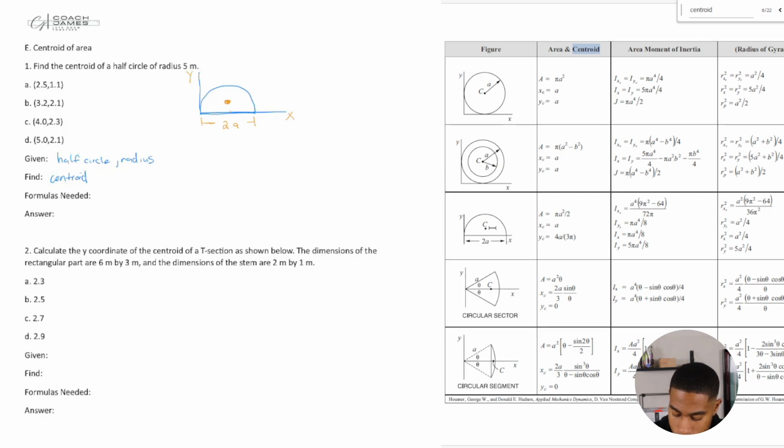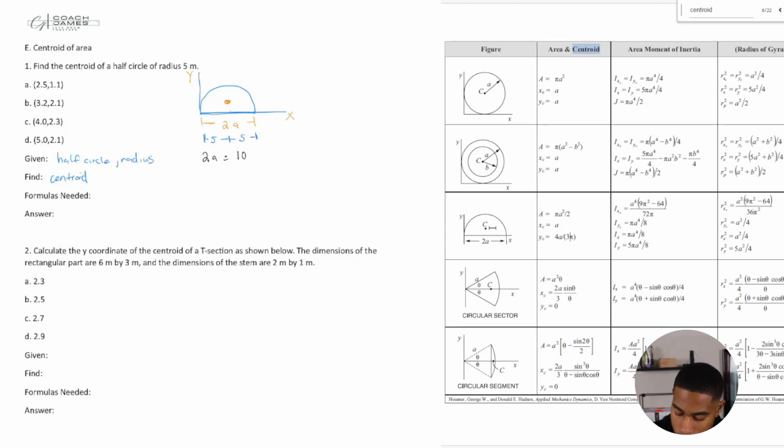In our case, the radius is 5 meters, so 2a is equal to 10, because we have to add another 5 on this side. I know that 2a equals 10.